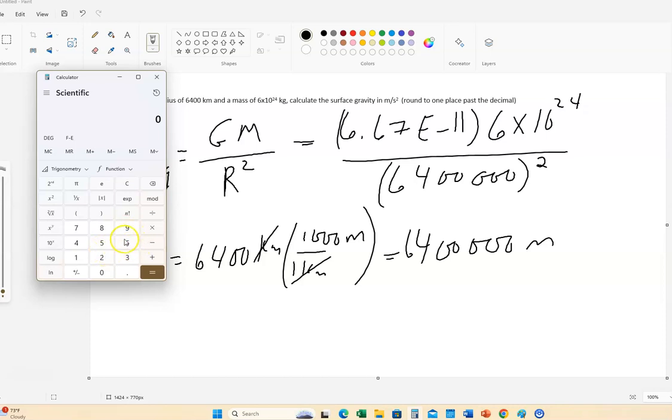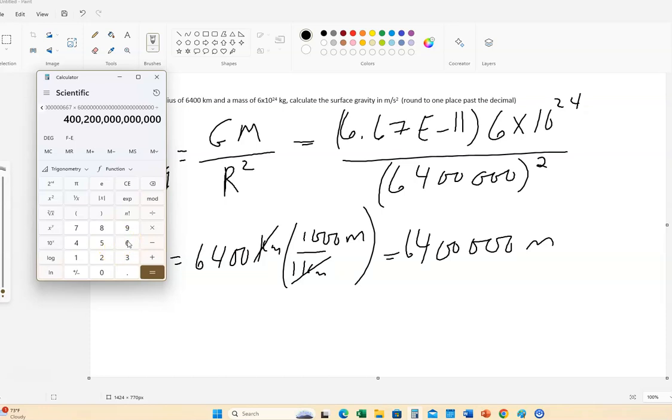All right, so it's going to be 6.67 times 10. Remember, you always have to use the EXP or the EE button, times 10 to the minus 11th. Times the mass of the Earth, which is 6 times 10 to the 24th, divided by the radius of the Earth, but it's got to be in meters.